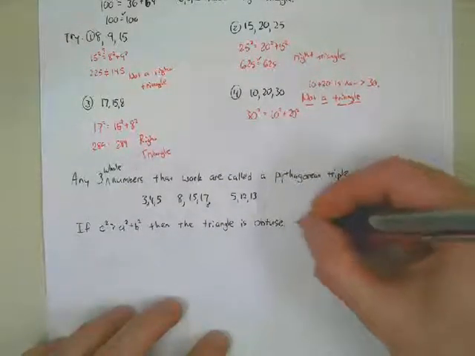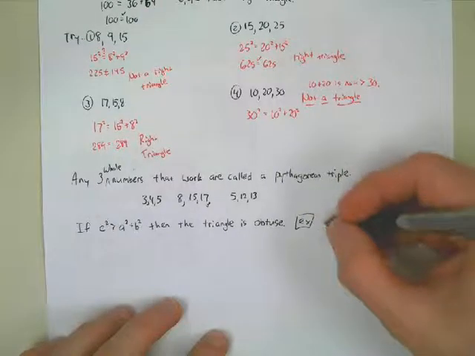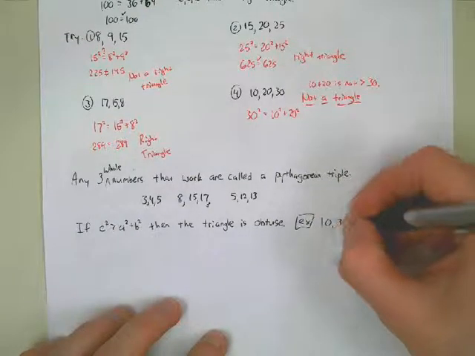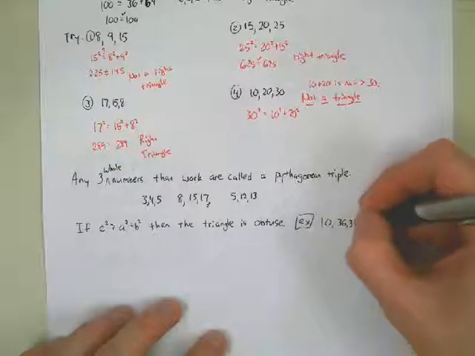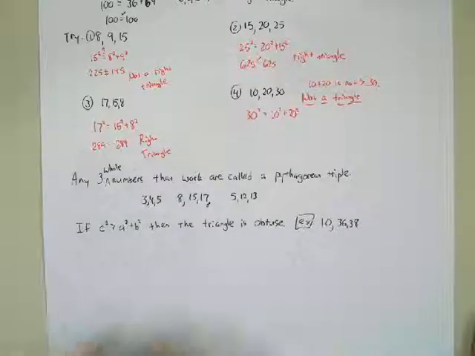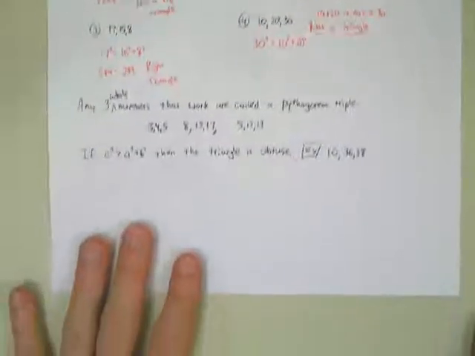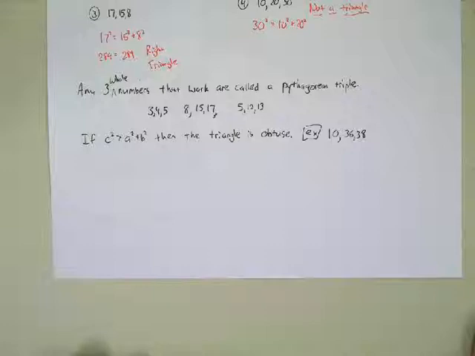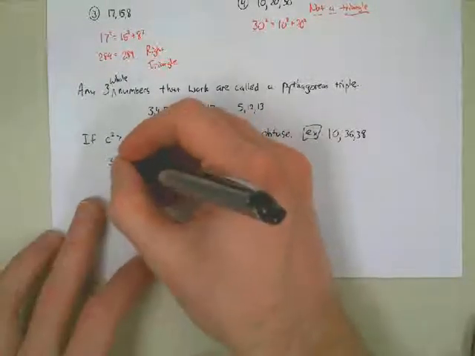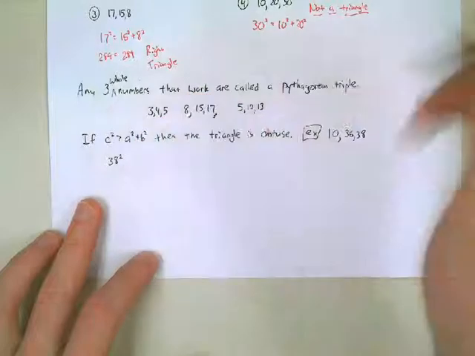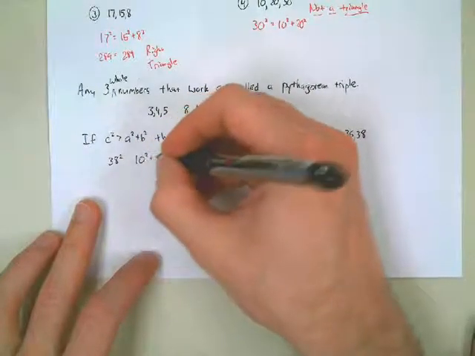Okay, so for example, if we have the sides of 10, 36, and 38. If I use the Pythagorean Theorem here, 38's got to go in for the c squared, and then I get 10 squared plus 36 squared.